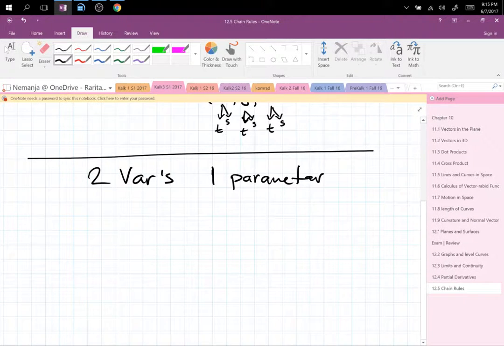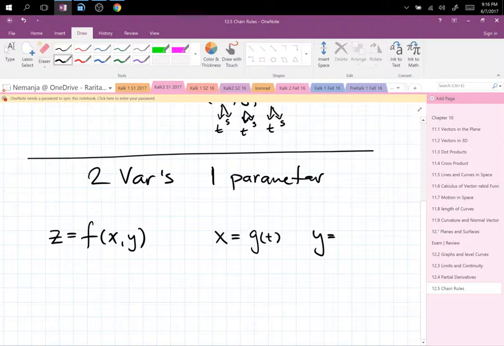This means that my function z is a function of x and y, and then x is some function of t, and y is some other function of t. So now you see that function g of t is plugged for x and function h of t is plugged for y. So now you are plugging functions inside the function. That's the function composition.